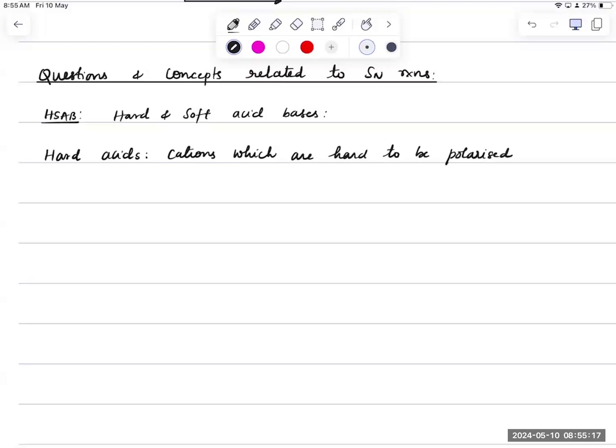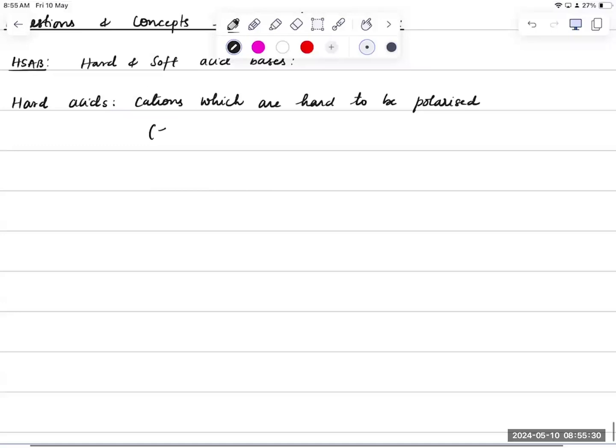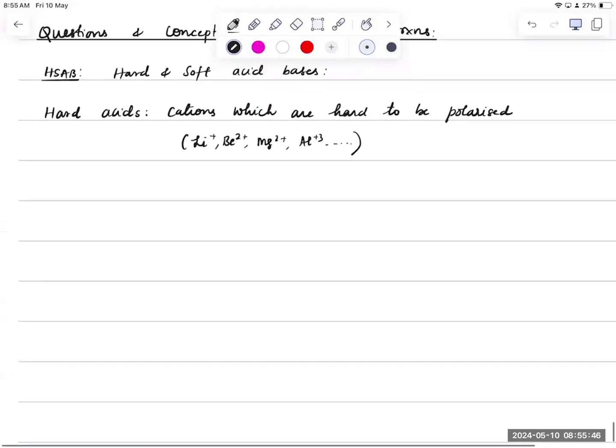Polarize means I cannot pull their charge or make their charge spread across. So they are extremely concentrated. So cases like lithium plus, beryllium 2 plus, magnesium 2 plus, aluminum 3 plus, like this. These are all hard acids. Correct? Remember that. Next we have soft acids.